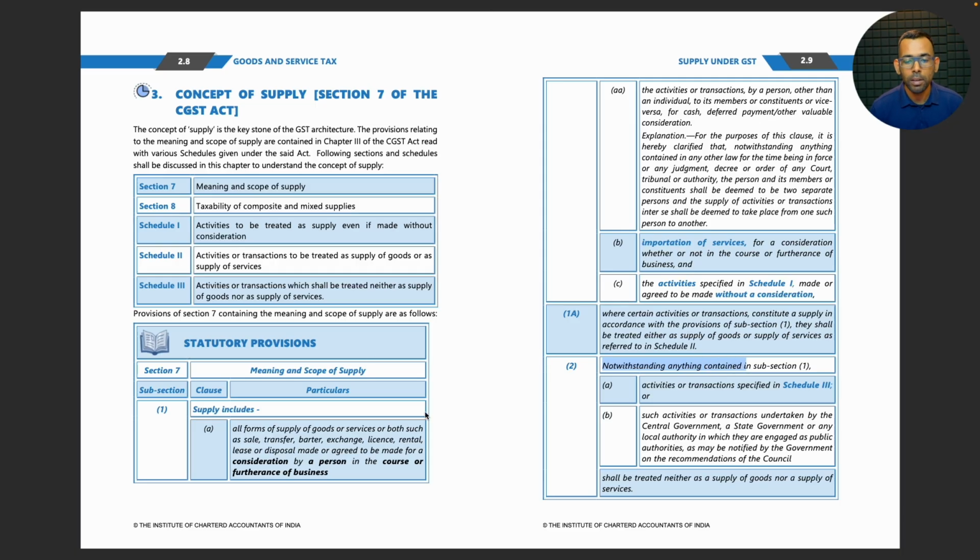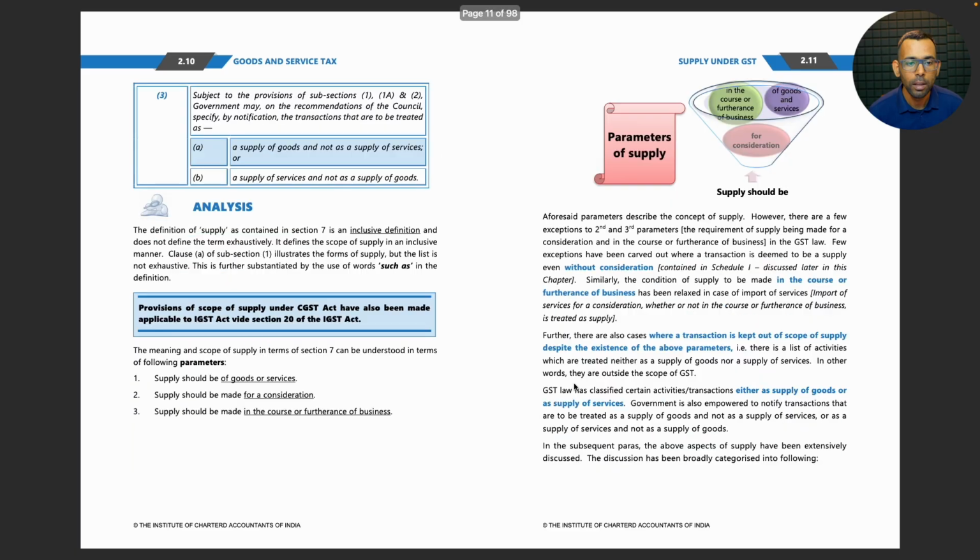So they are saying that forget about whatever I said in subsection 1 and subsection 1A. The things that I am saying in subsection 2 will be covered in Schedule 3, and also certain activities done by central government, state government and local authority in their capacity as a public authority. In such situations, whatever they do, remove it from the concept of supply itself. So we have to be a little careful about this subsection 2. We will read about this in detail later on.